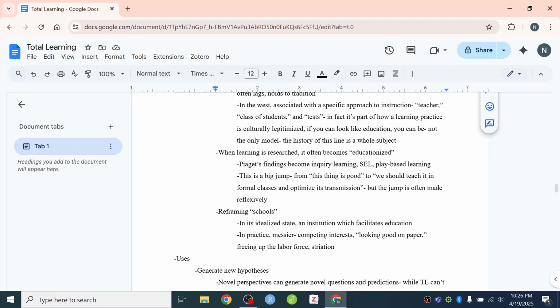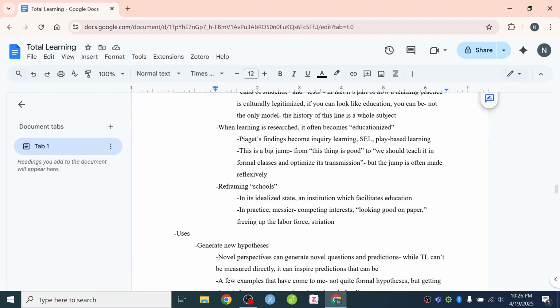Well, the total learning construct carries with it a lot of the advantages that other theoretical frameworks carry with them, one of which is to generate new hypotheses. Novel perspectives can generate novel questions and predictions. While total learning can't be measured directly, it can inspire predictions that can be. It can inspire falsifiable claims.